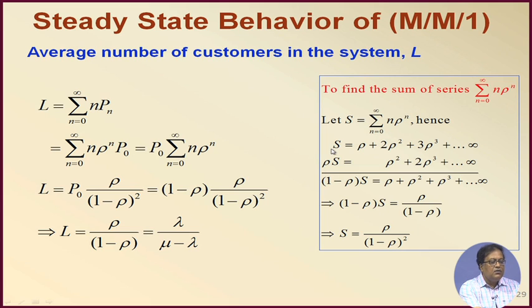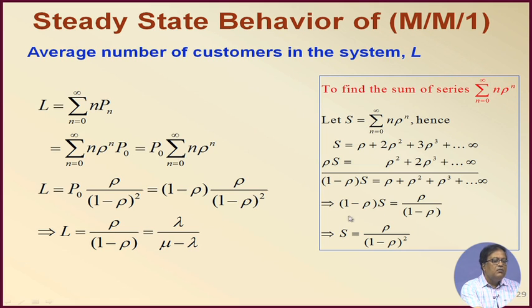Look here, S equal to rho plus 2 rho square plus 3 rho cube plus up to infinity. If you multiply this S by rho, then you get rho square plus 2 rho cube plus up to infinity, right. Then if you deduct one from the other, 1 minus rho into S equal to rho plus rho square plus rho cube plus dot dot dot up to infinity.